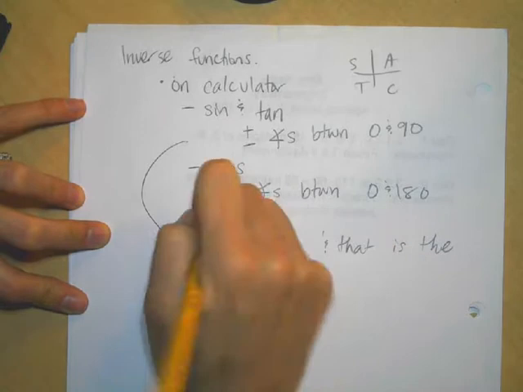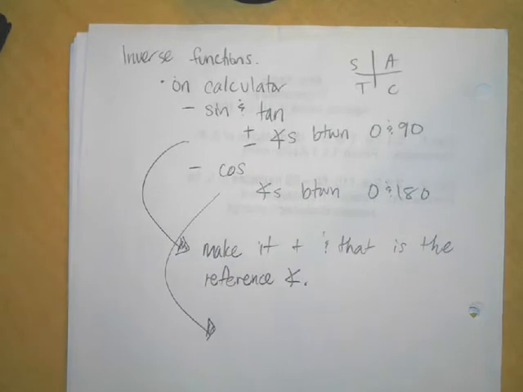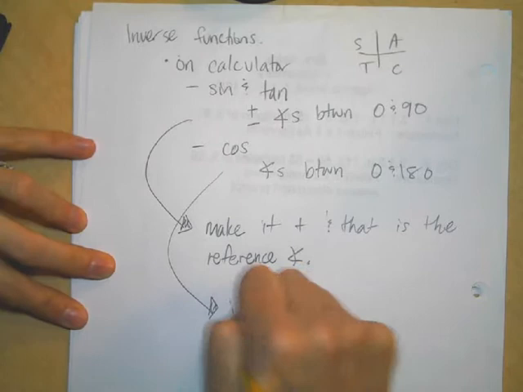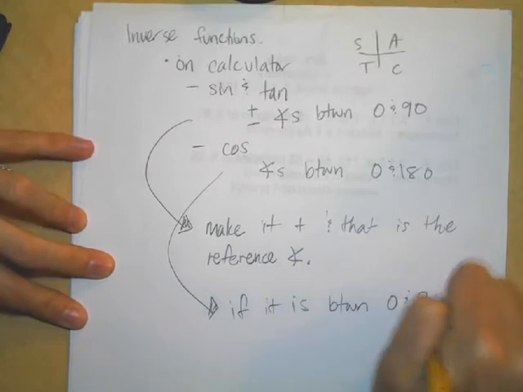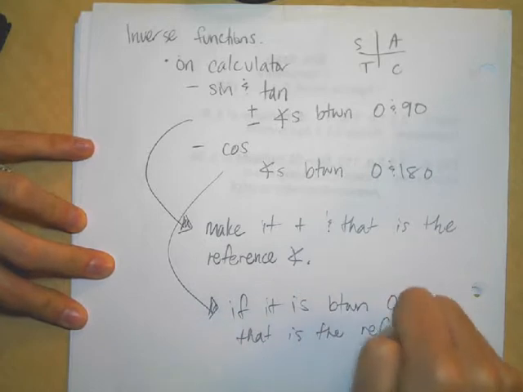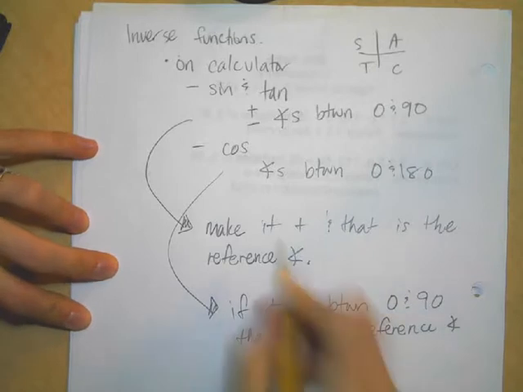For cosine, it's going to give you an angle. If it is between 0 and 90, that is the reference angle. Make it positive.